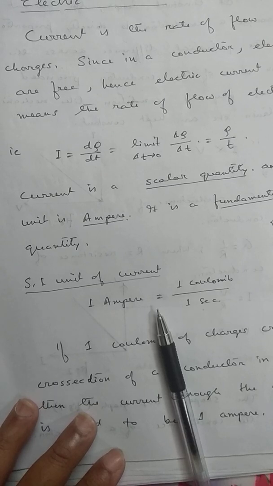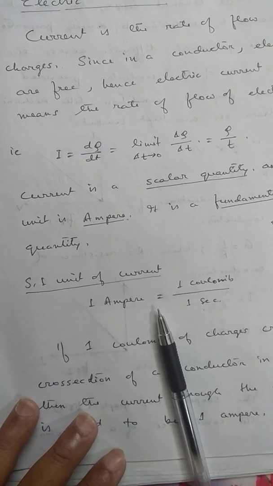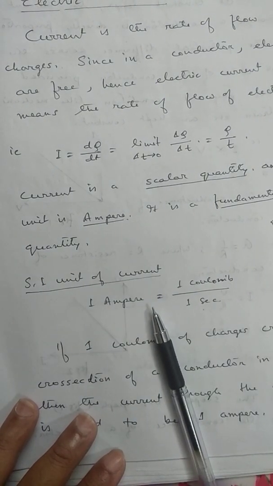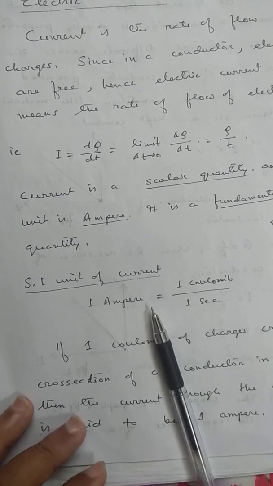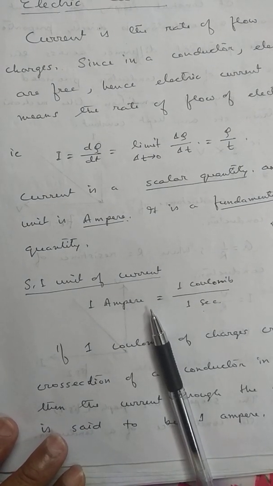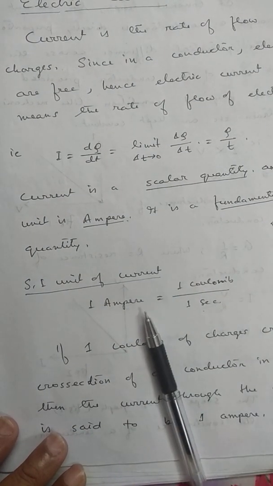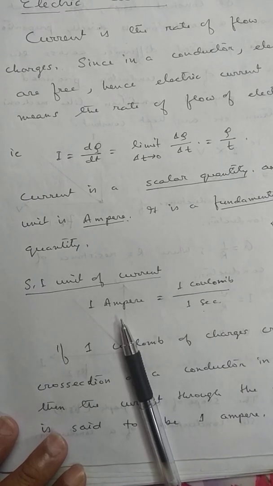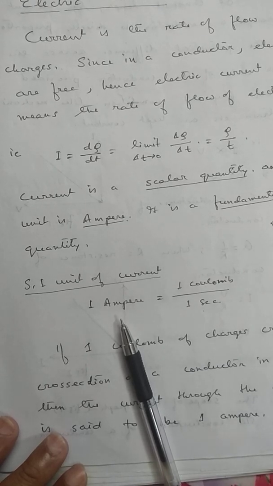Similarly, in electrolytic solutions, there are two types of charge carriers: positive ions and negative ions, cations and anions. Similarly, in a battery also, there are two types of charge carriers: positive ions as well as negative ions.